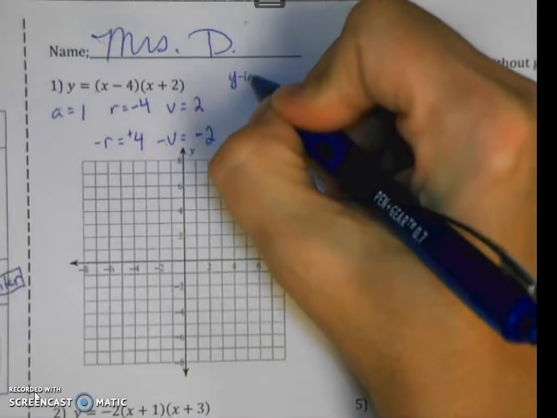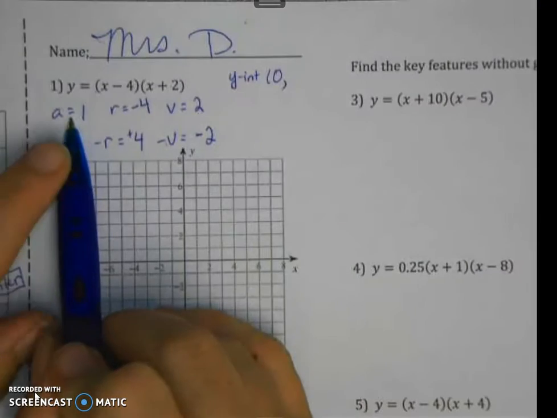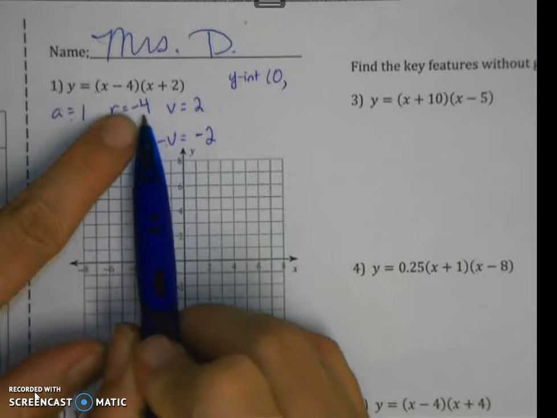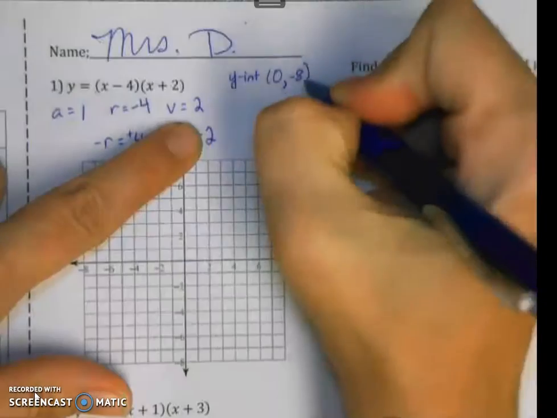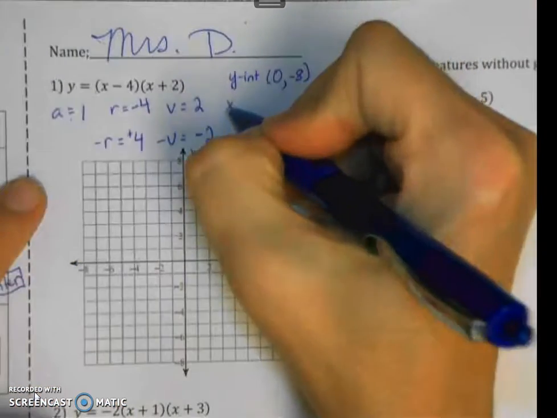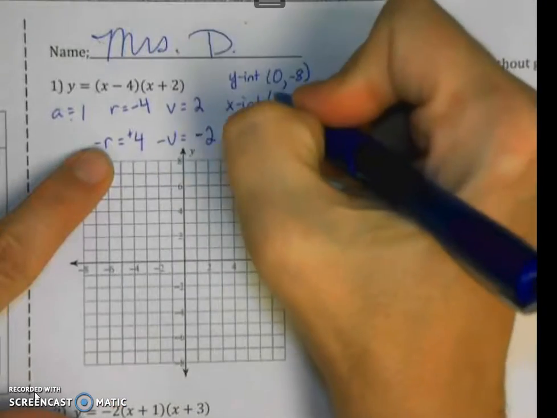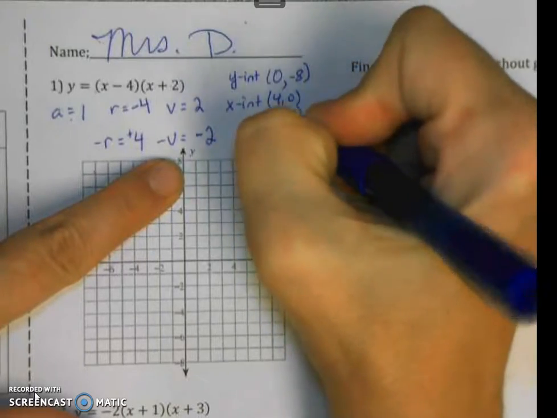The y-intercept is going to be 0, comma, and multiply all these together on the first row. 1 times -4 is -4. -4 times 2 is -8. My x-intercepts are exactly these two numbers, 4, 0, and -2, 0.